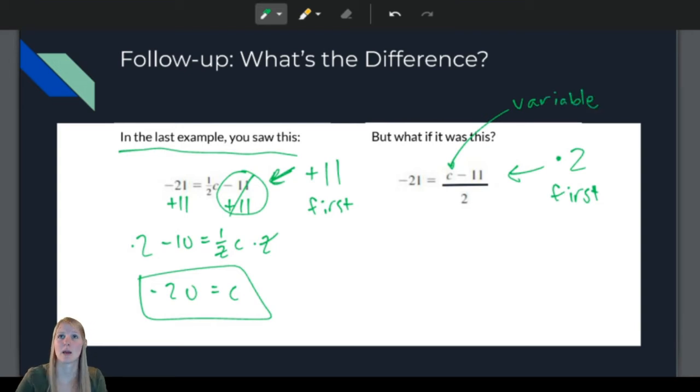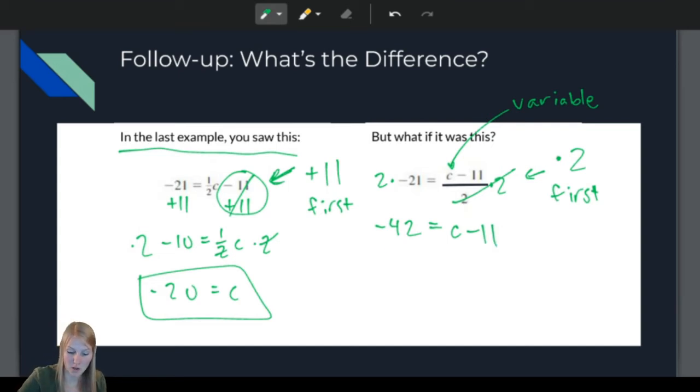We're going to multiply by 2 first. So, if I multiply by 2 on both sides, this goes away, and I get 2 times negative 21 is negative 42 equals c minus 11. Oh, hey! This looks nice and easy, one-step equation, just like last video.